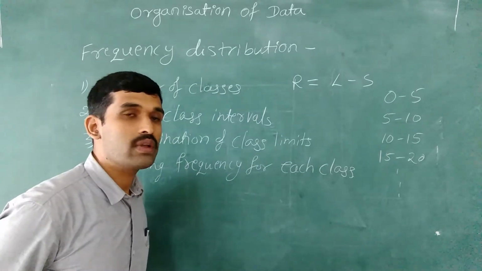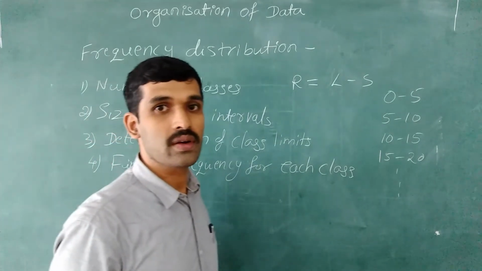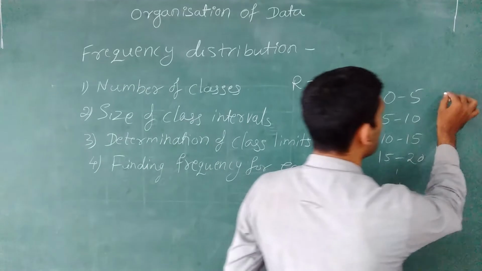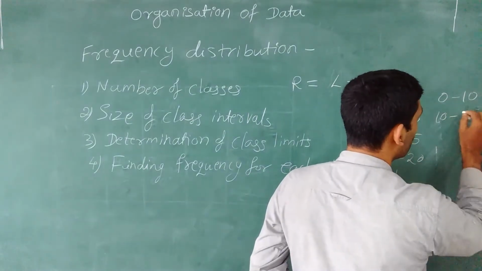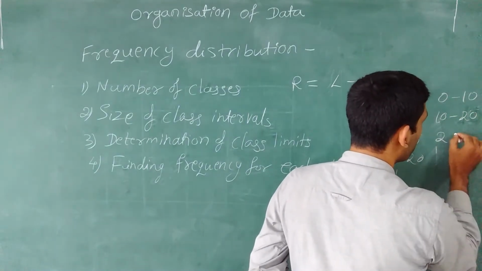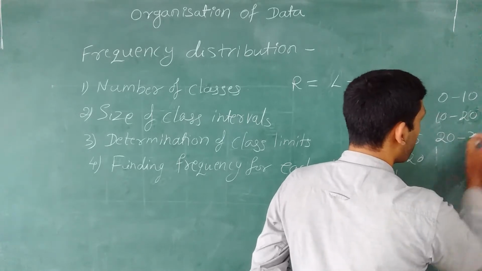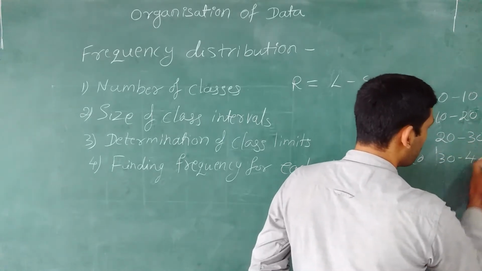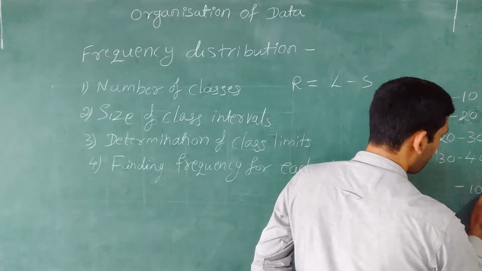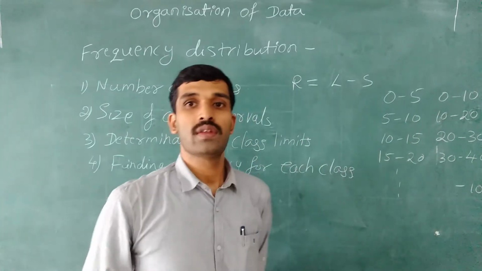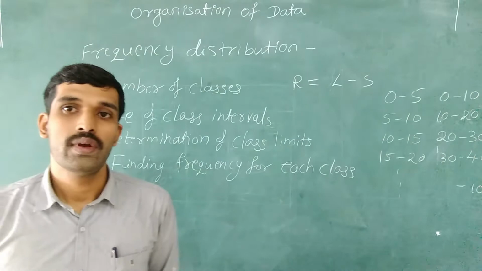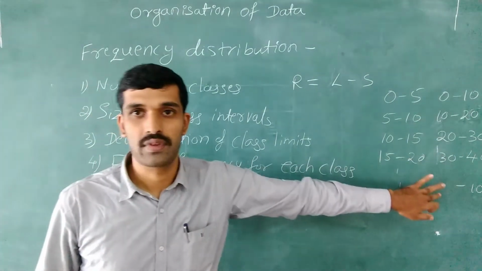If we have taken class intervals of 10, then 0 to 10, 10 to 20, 20 to 30, 30 to 40, up to 100, then there will be 10 steps.